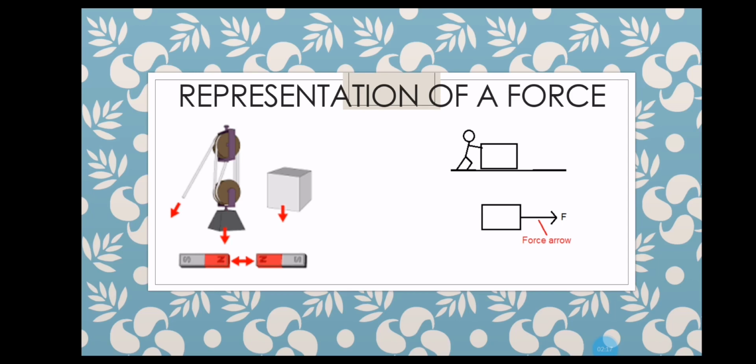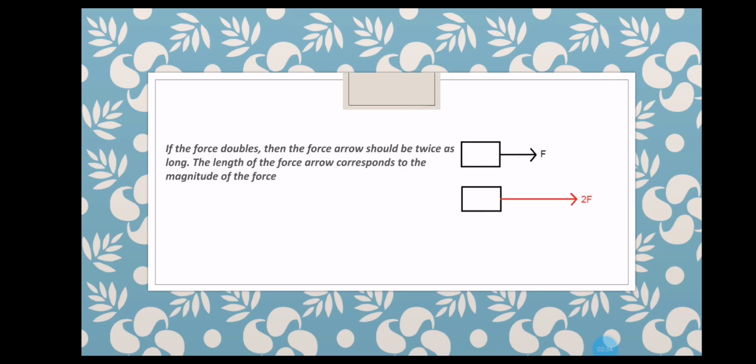Now, how do we represent a force? We use an arrow to represent a force. As you can see in these two figures, whenever you have a force, we can represent it using an arrow. If the force doubles, then the force arrow should be twice as long, because the length of the segment representing the force represents as well the magnitude of this force.